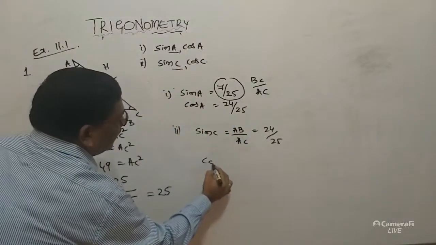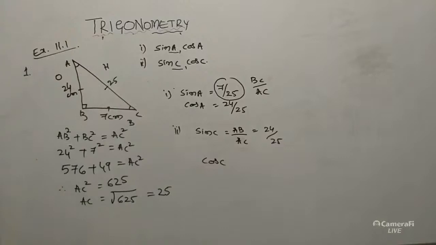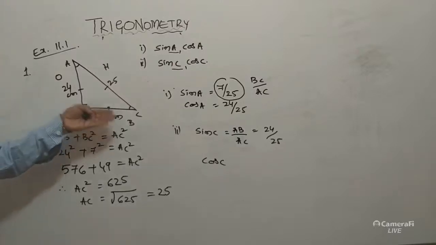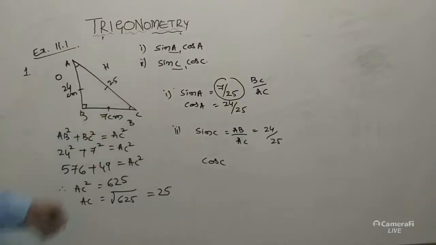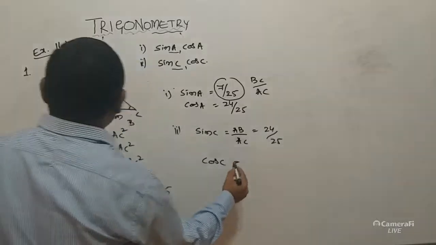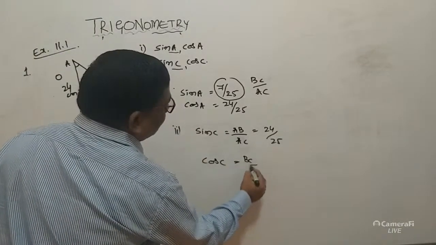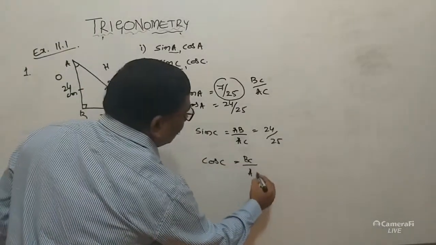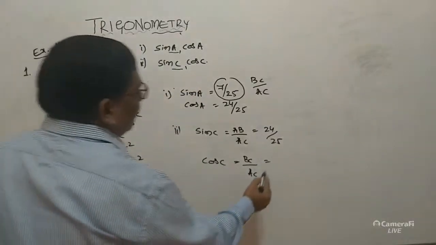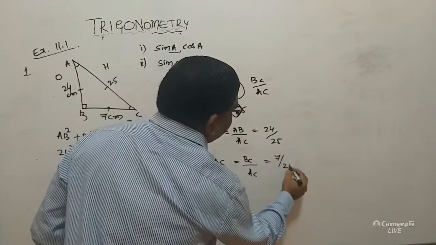And they also ask cos C. Cos of angle C is base by hypotenuse. Now the base is BC, so BC by AC, which is 7 by 25.